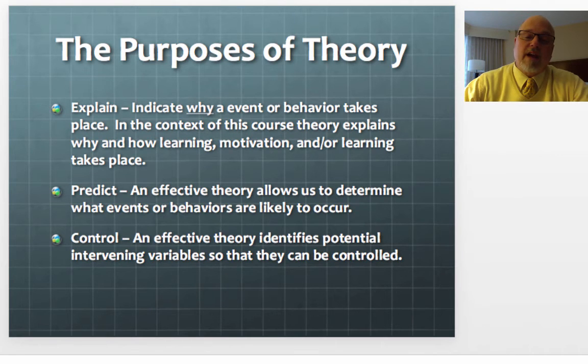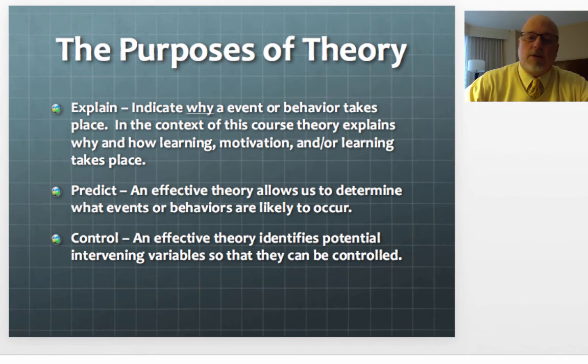The third factor here relating to the purpose of theory is about control. And this is not control as in I am going to control a child and be sure that the child does what I want them to do. This is control in the sense of how we think about it within theory and research. Okay, control in the sense of meaning there's a factor or a variable that may adversely influence the circumstances that we're trying to create.